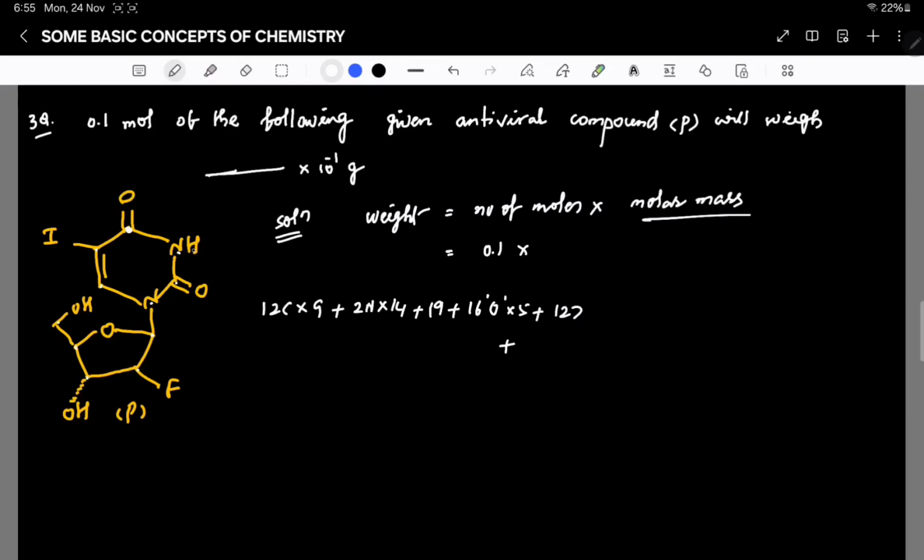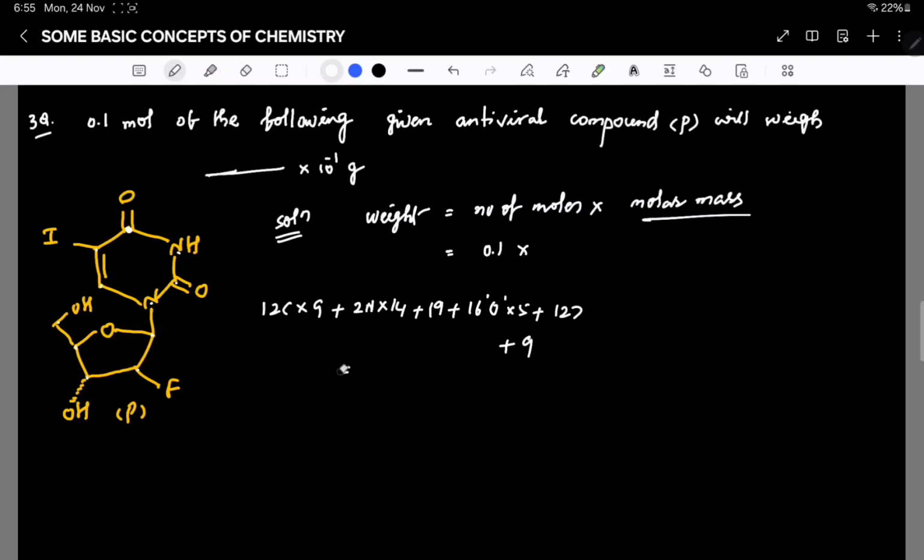student. 1, here 2, here 3, here 4, 5 plus 2, 5 plus 5, plus 1, 6 plus 2, 8 plus 1, 9, right? 9 hydrogens.